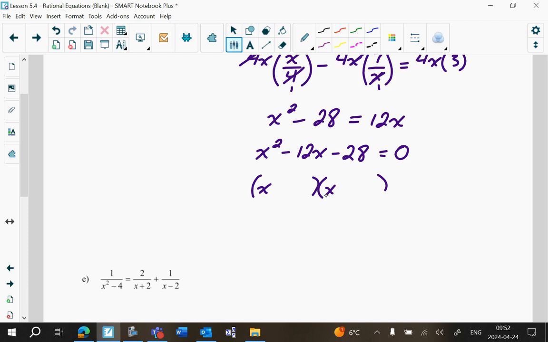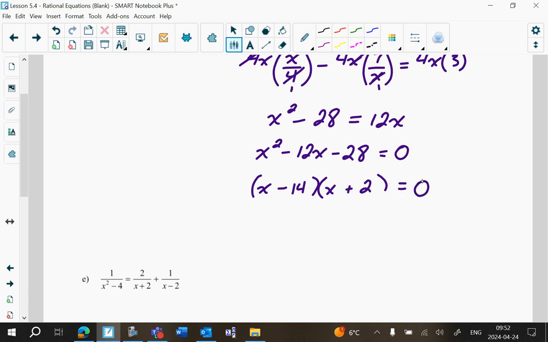So what pops out at you? Okay, so when I first looked at it, I thought 7 and 4, but no way 7 and 4 can make negative 12. So yeah, I got to look for another pair. So 14 and 2, and it turns out to be negative 14 and positive 2.